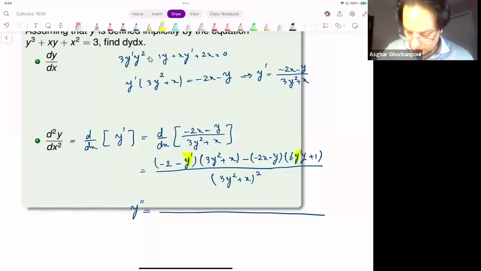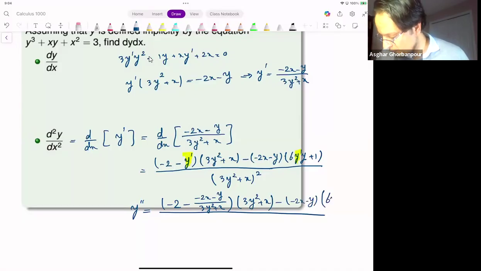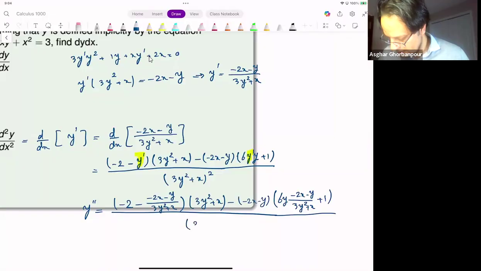So in other words, I'll just try to write: negative 2 minus 2x minus y over 3y squared plus x, times 3y squared plus x, minus 2x minus y, and then 6y y prime is minus 2x minus y, 3y squared plus x, plus 1 over 3y squared plus x, the whole thing.